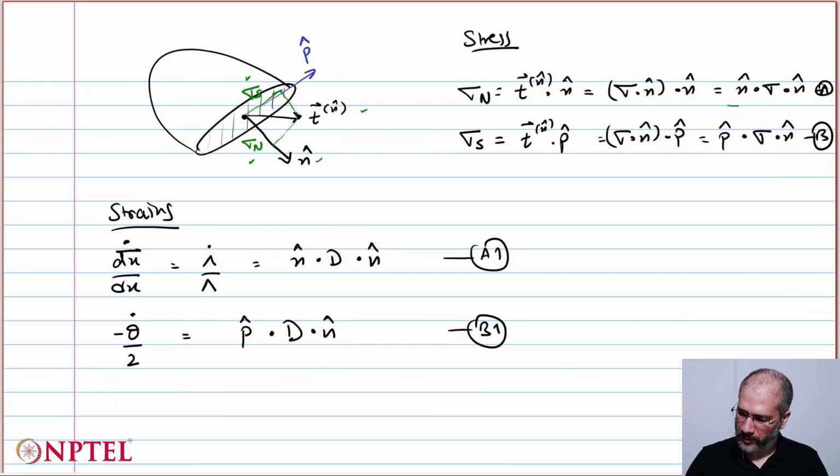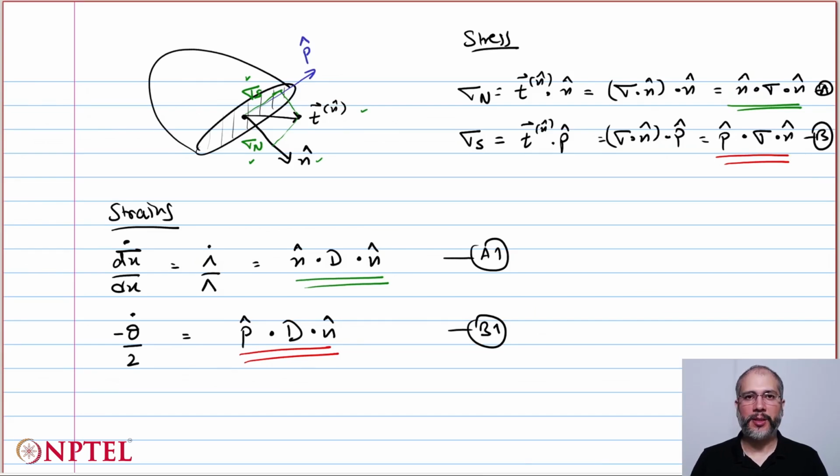Let's look at this n dot sigma dot n and n dot d dot n. So we see that they are very analogous. And similarly, if I look at equation B, I have a p dot sigma dot n and I have a p dot d dot n. So we can clearly see that there is an analogy.